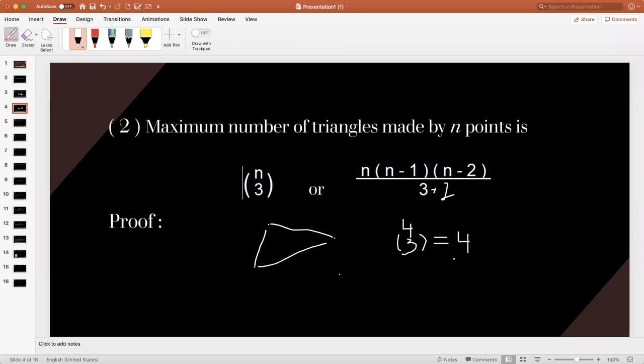So we pick n choose 3, which if we expand it is n times n minus 1 times n minus 2 divided by 3 times 2. That is the maximum number of triangles that can be created from n points.